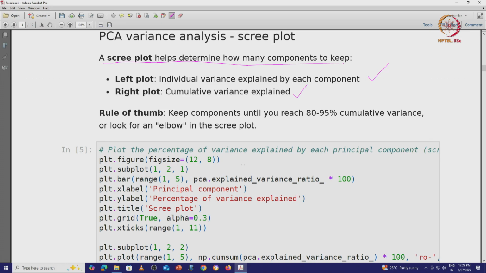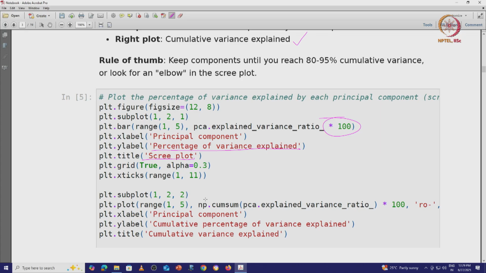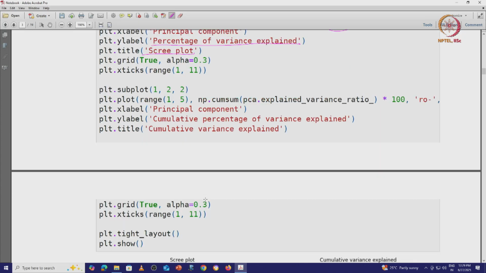Okay, so here what we are doing is plotting the percentage of variance explained by each principal component. So we are multiplying by 100, so that's the percentage of variance explained, and yeah, the Scree plot here. Alright, so this subplot command is used to plot 2 plots side by side.